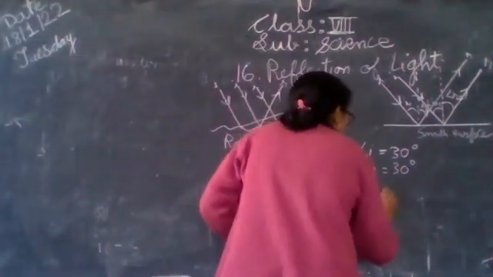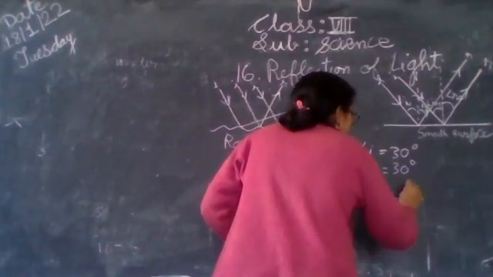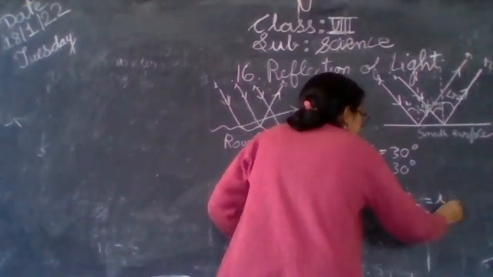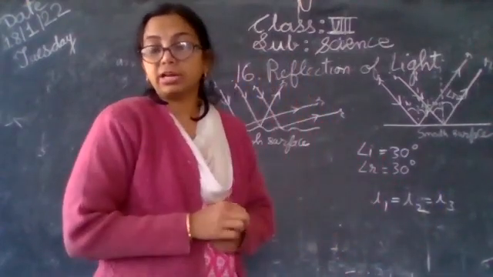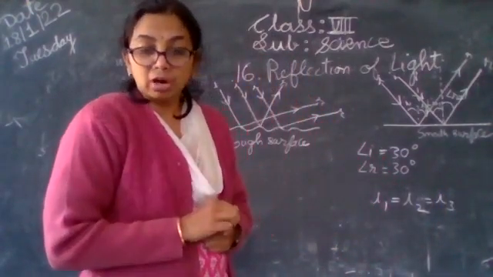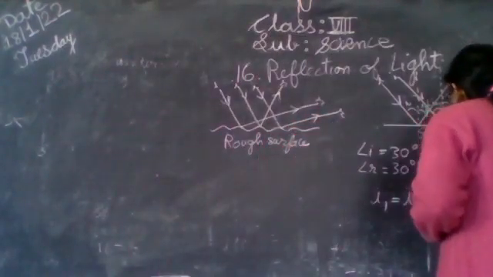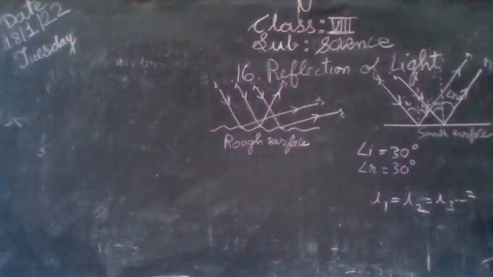So, I1 is going to be equal to I2 and I3, such like that. And they are all going to be equal to R1, R2, R3 also.